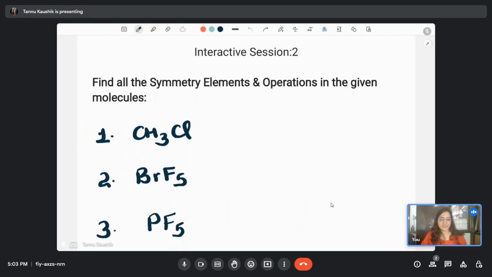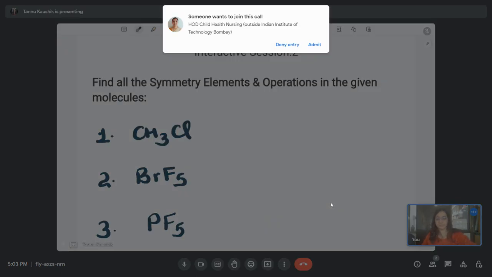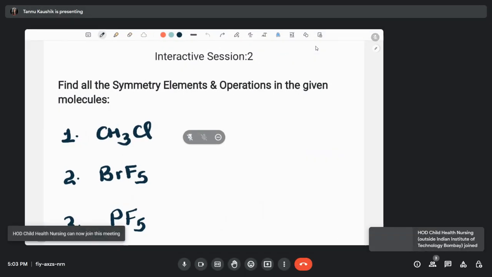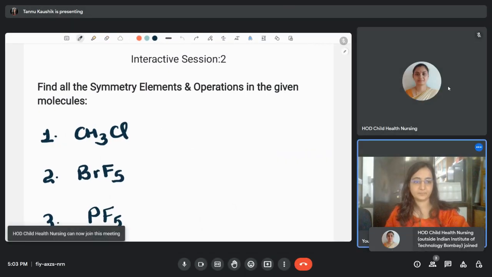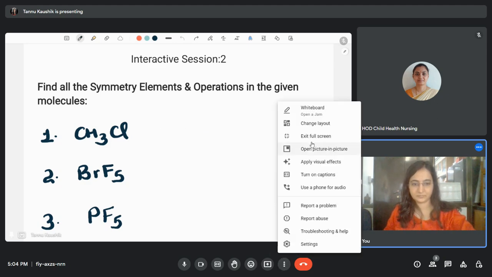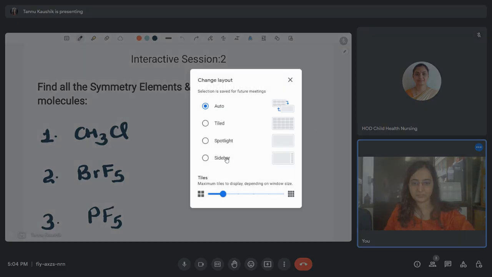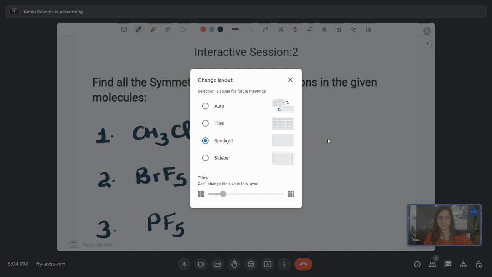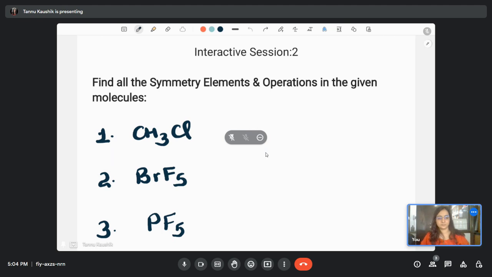So, in the last lecture, in the first interactive session, we were discussing symmetry elements and operations in some molecules.